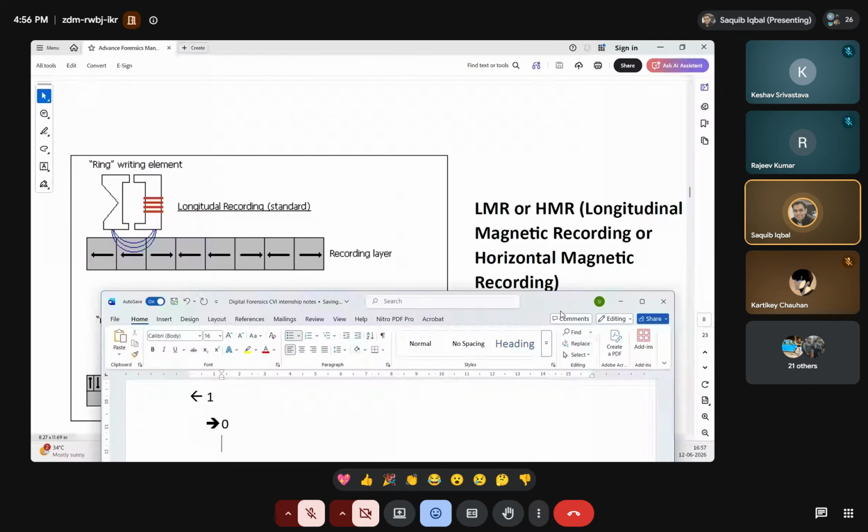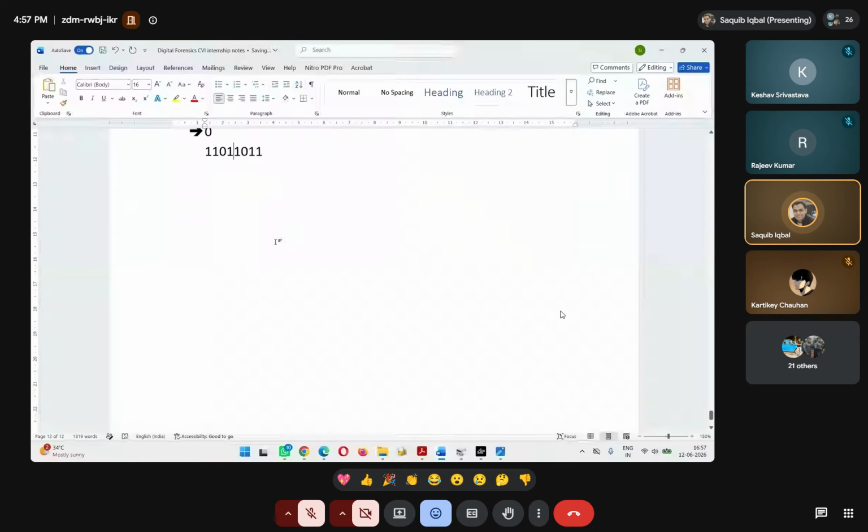So what actually happens is that data is written as 1 1 0, and then a change in direction, 1 1, and then a change, and then 1 1. So this is how data is represented in a hard drive.